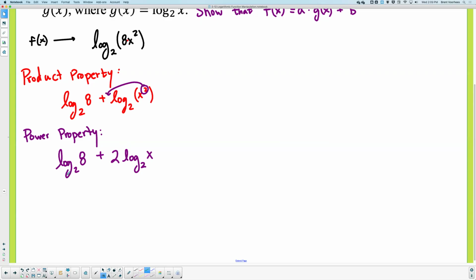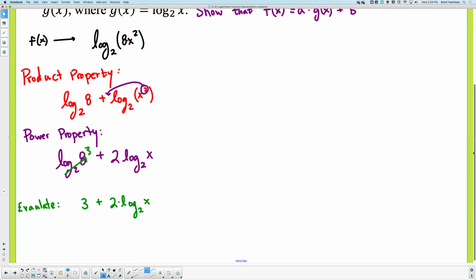What's the purpose of a log? It finds the power from the base to the number. What's the power required to get a 2 to become an 8? 3. 2 cubed is 8. The answer there is 3. We can evaluate and say this is 3 plus 2 times log base 2 of x.